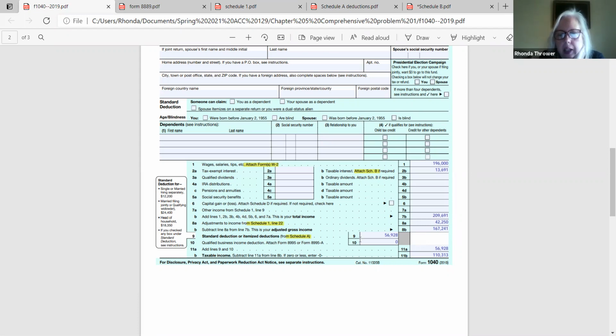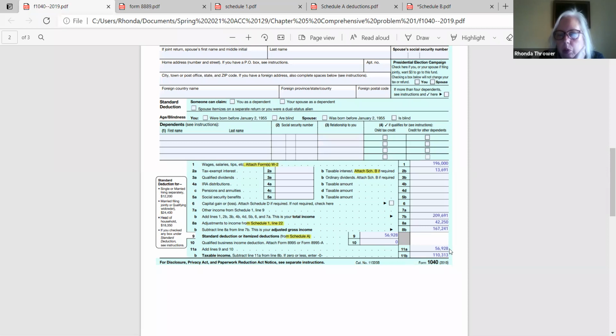Now on line 9 here, we would normally put either the standard deduction or the itemized deduction, whichever one is higher. And in this case, our itemized deductions were higher. So we attach Schedule A, and from Schedule A, we get the amount of $56,928. There was no qualified business income in this problem.